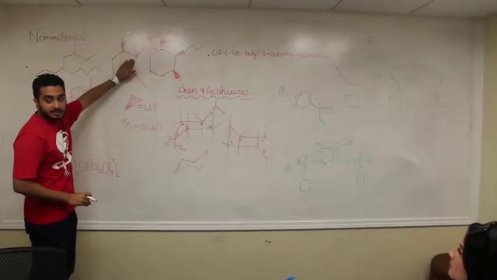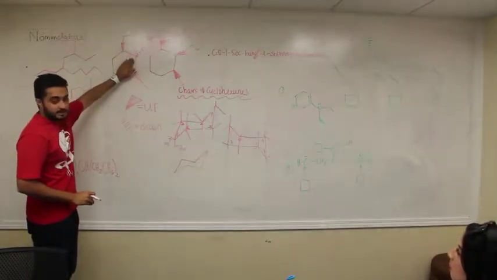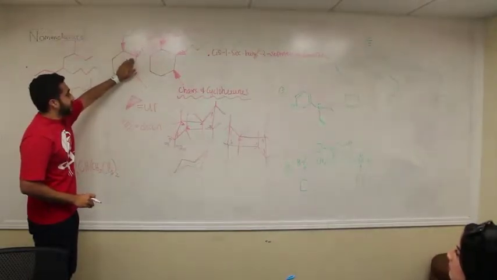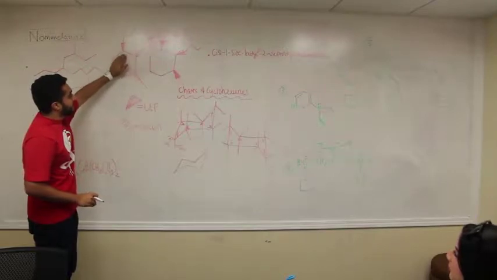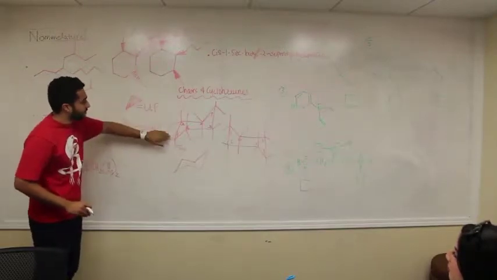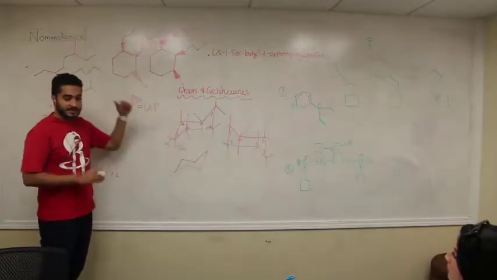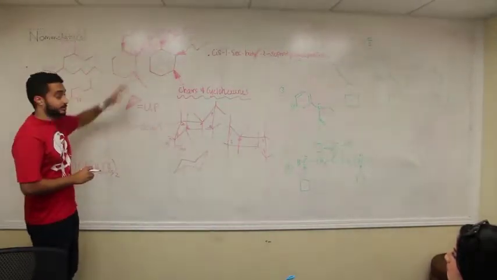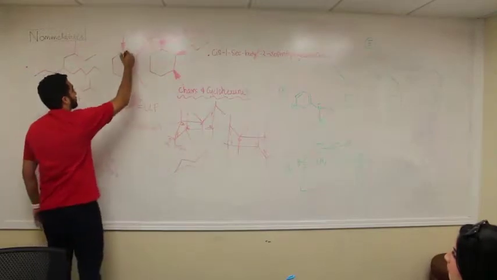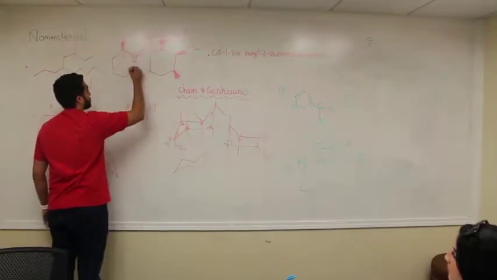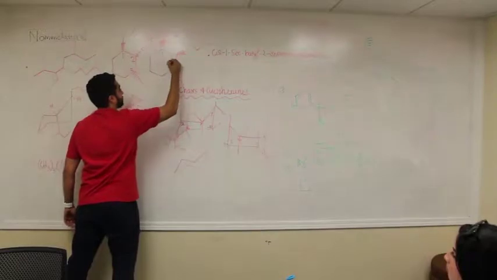It doesn't necessarily mean that this has to be number 2. It just means that if you put this on 1, you have to put it directly next to it. You can't skip one, because that's not following how the cyclohexane is drawn. So I'm going to number these like this. 1, 2, 3, and same for these, okay?